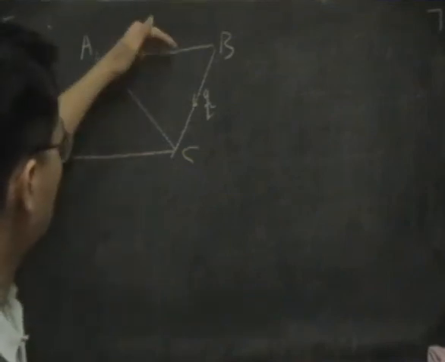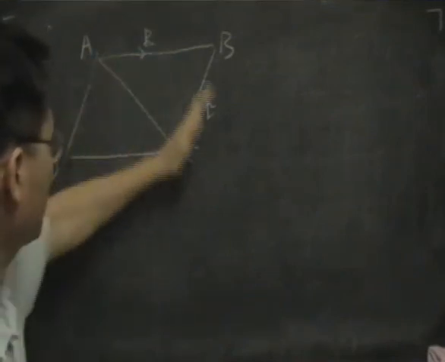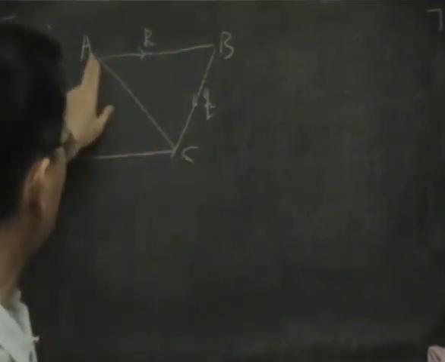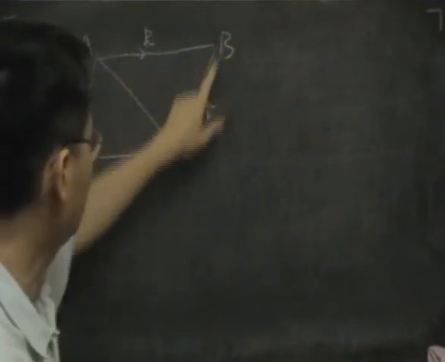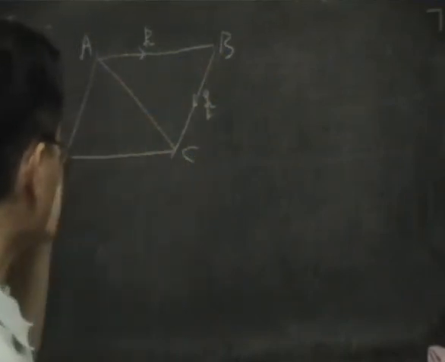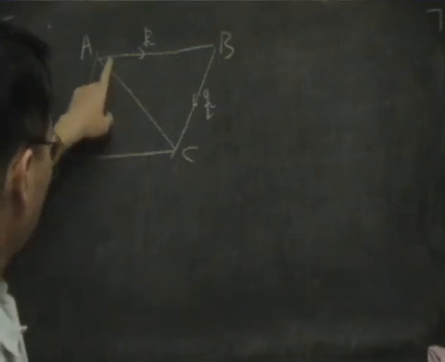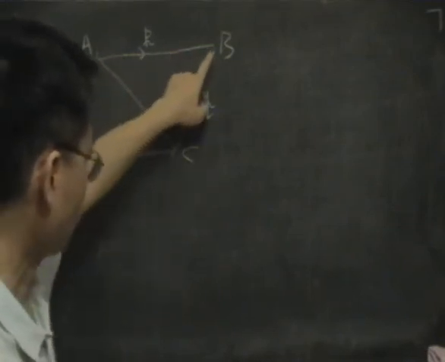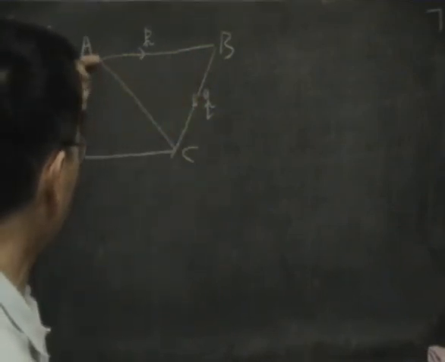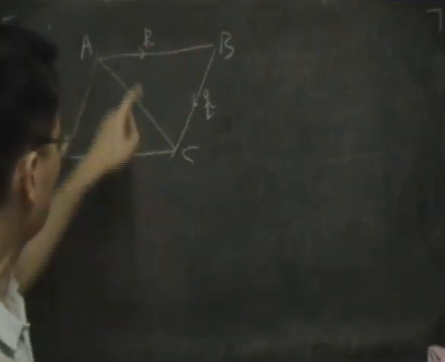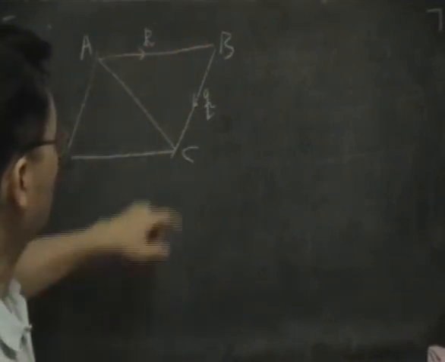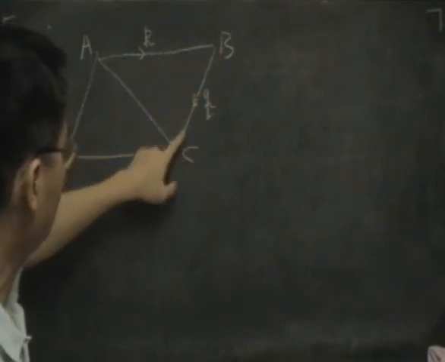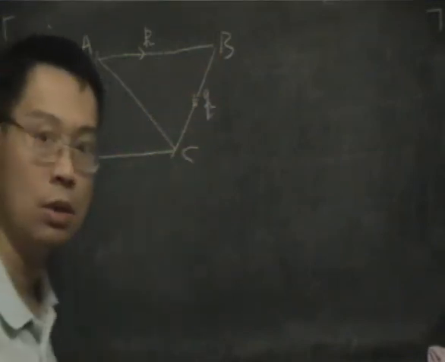Those two sides are parallel and those two sides are parallel. Now the corners are labeled as A, B, C, and D. And we want to think about this line pointing from A to B as a vector, which I call P. And this line from B to C as a vector, which I call Q.